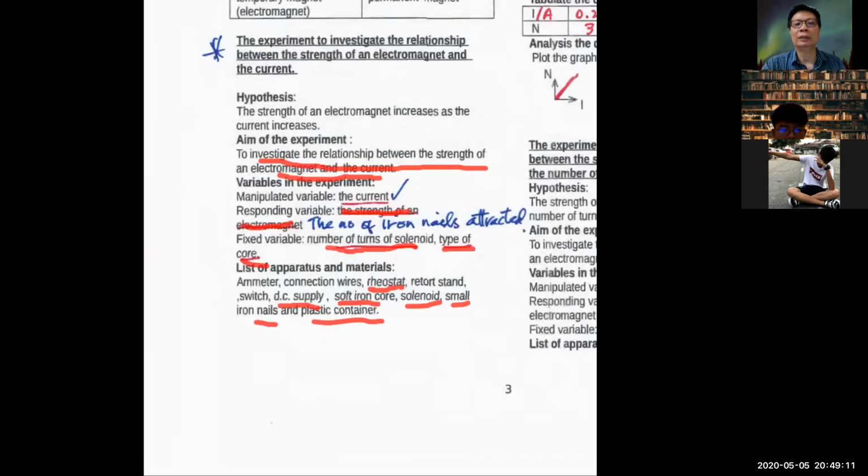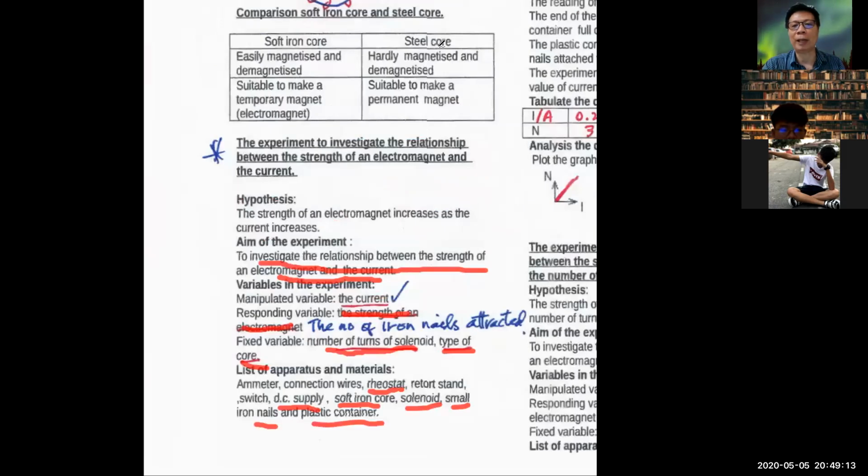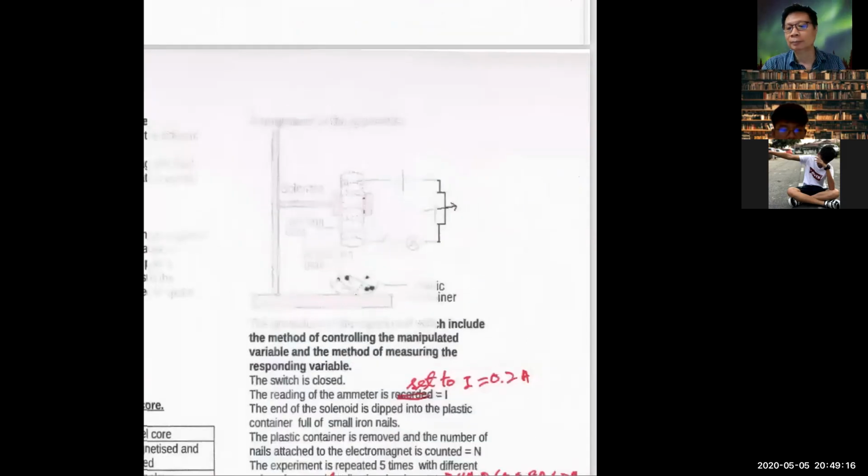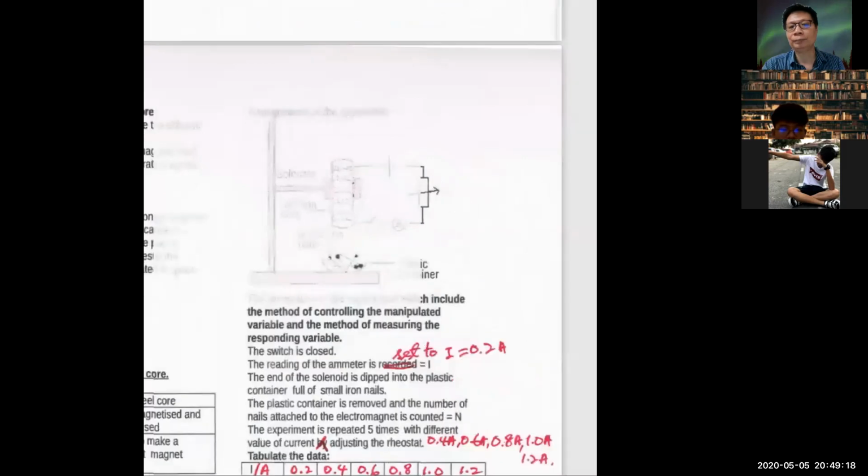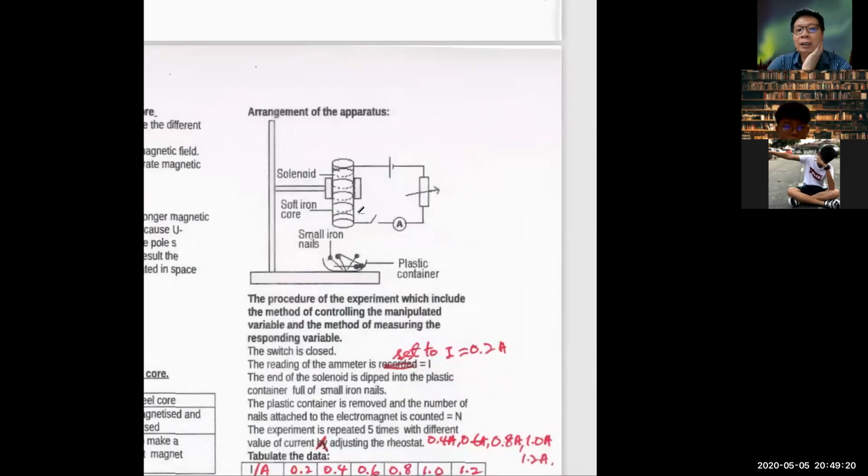Okay, now the diagram. Look at the diagram of the experiment. Diagram you can draw later on. Follow the paper you have. This one is a retort stand. This is a solenoid. Inside the solenoid is a soft iron core.